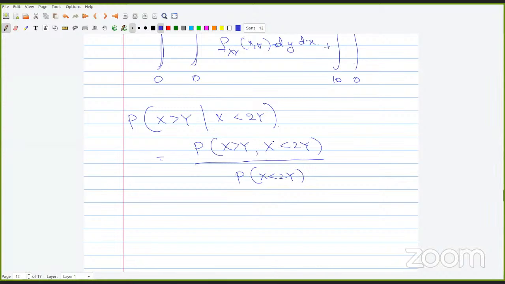You see these two events, x is greater than y and x is less than 2y. Can we combine these two? Yes, we can combine these two. We can draw two lines. One is x equal to 2y, and the region will be between x equal to 2y and x equal to y. That we will get from the regions.